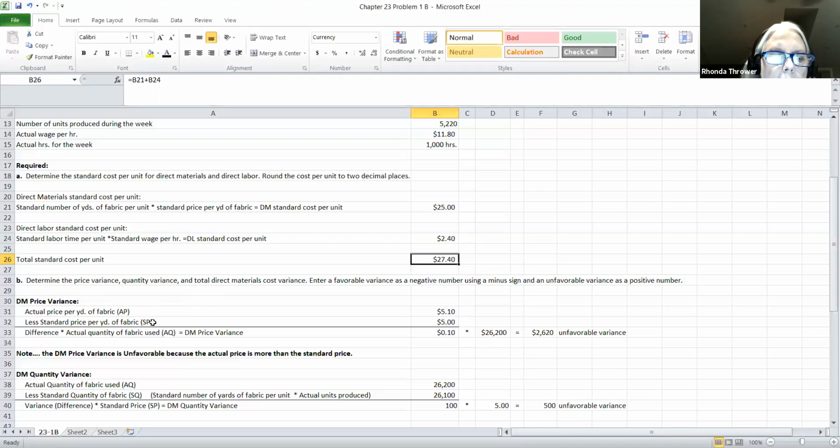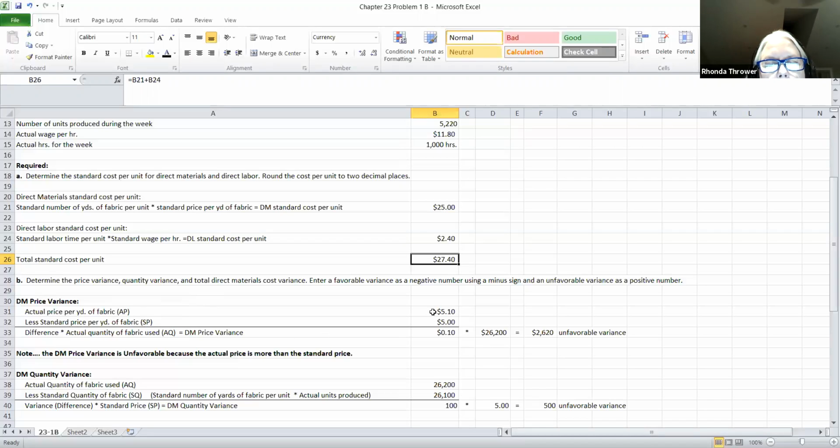So AP stands for actual price. SP stands for standard price. Standard price is our budgeted amount. Actual price is what actually happened. You're going to find the difference between those two.